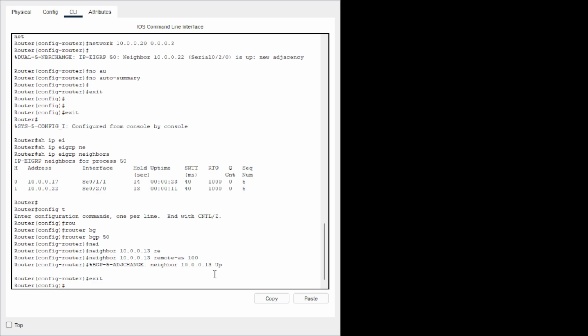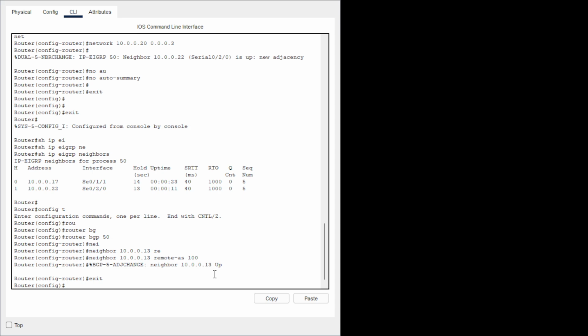Config T, router BGP, its number is 30, and redistribute the EIGRP having ASN number 30, right? Exit.